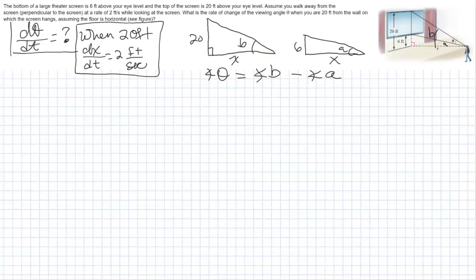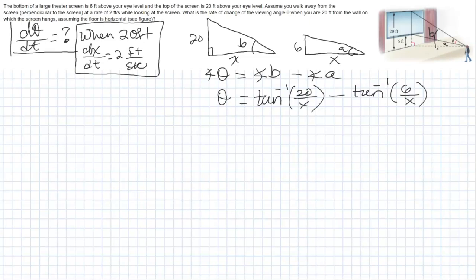Therefore, B is the inverse tangent of 20 over x, minus angle A. Tangent of A is 6 over x, so A would be the inverse tangent of 6 over x. And then that is your theta.